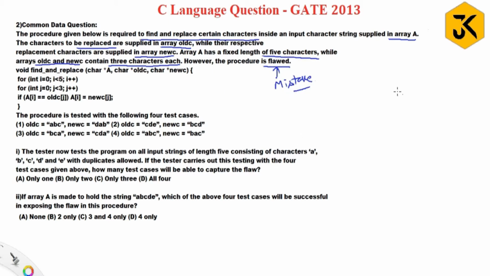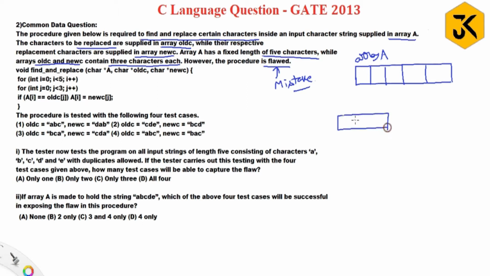What they are saying is there exists an array whose name is array A, and this array A has 5 characters, and there exists one more array called newC.